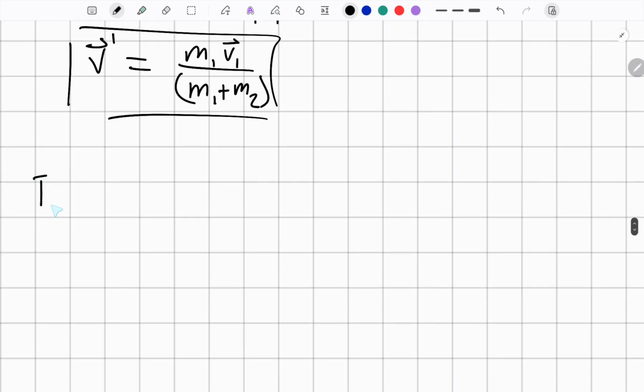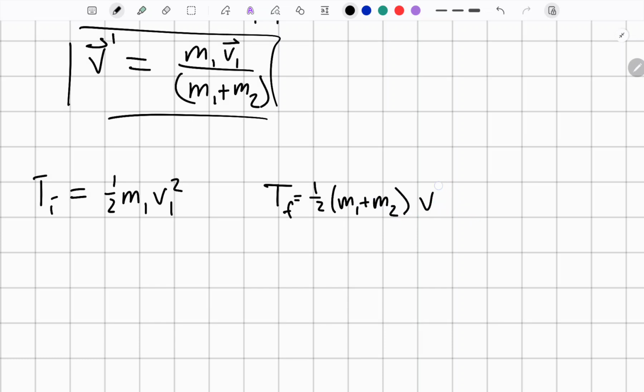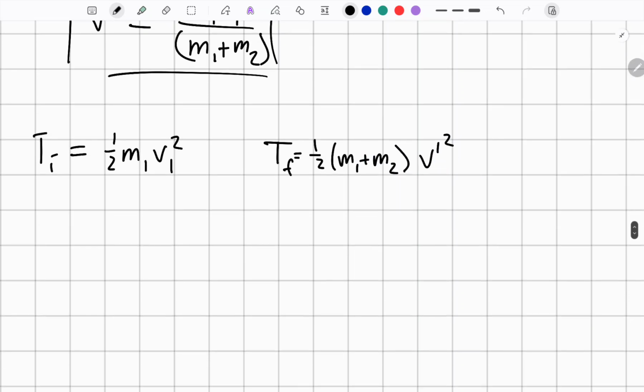We know our initial kinetic energy is going to be 1/2 m1 v1 squared. We know our final kinetic energy is going to be 1/2 (m1 + m2), that final mass, v prime squared.